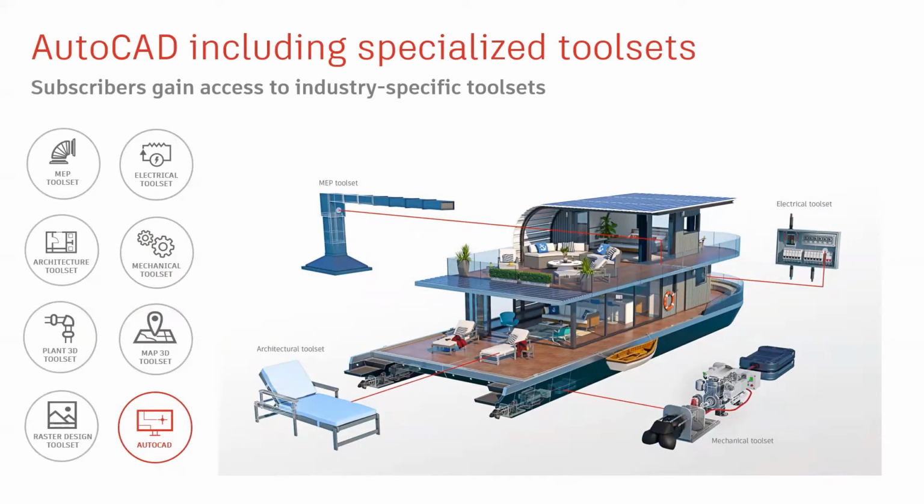toolset. Over the past 20 years, Autodesk has been investing in AutoCAD vertical specialized toolsets. They make you more productive because they come with enhanced industry-specific functionality. And since release 2020, every subscriber of AutoCAD gains access to all the capabilities of the industry-specific toolsets and libraries. At that time, it got introduced as One AutoCAD.